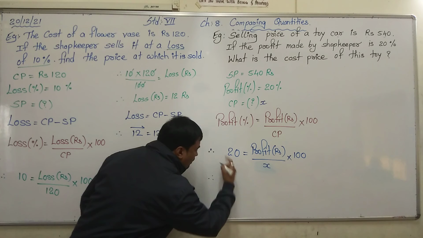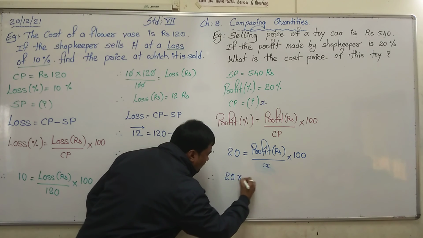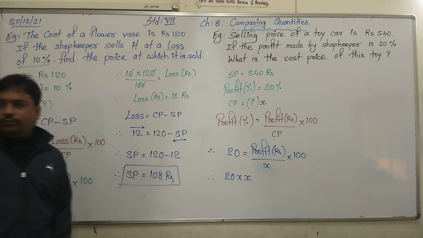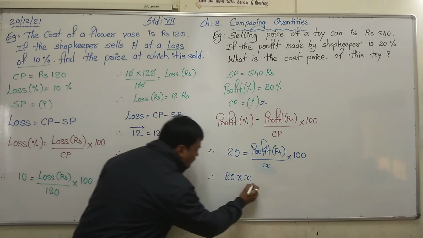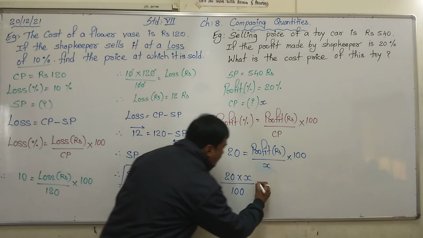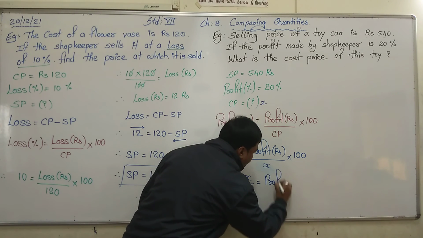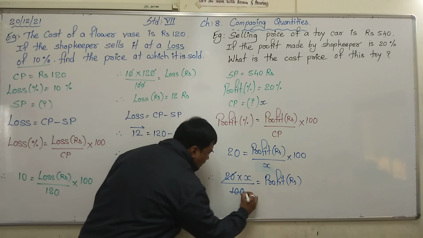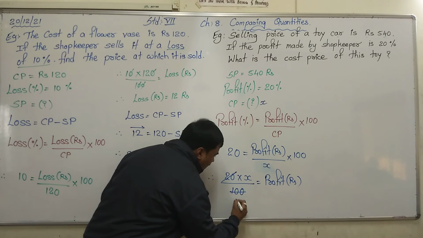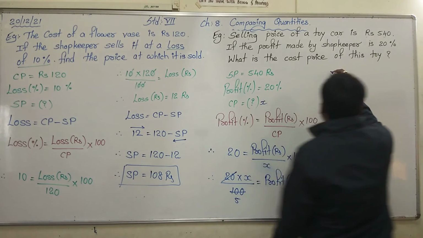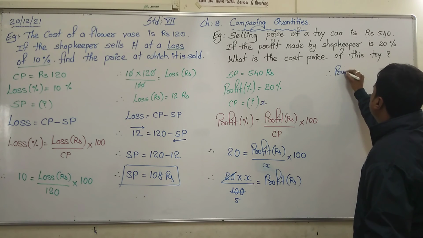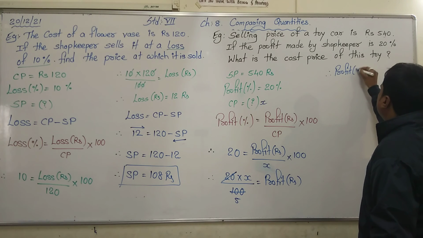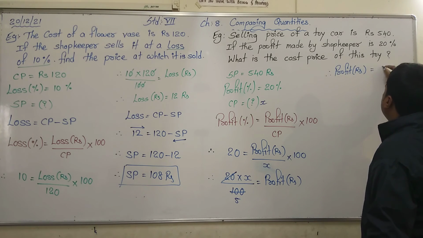Therefore, 20 multiplied by X upon 100 is equal to profit in rupees. 20 ones are 20, 5s are 100. Therefore, profit in rupees is equal to X upon 5.